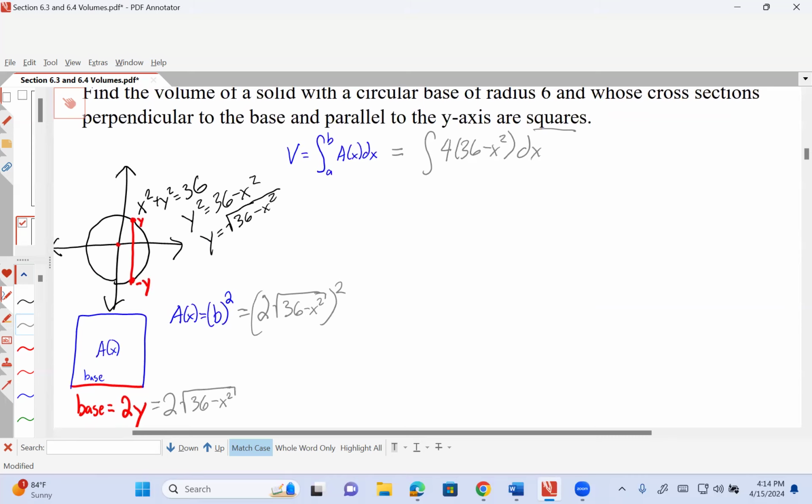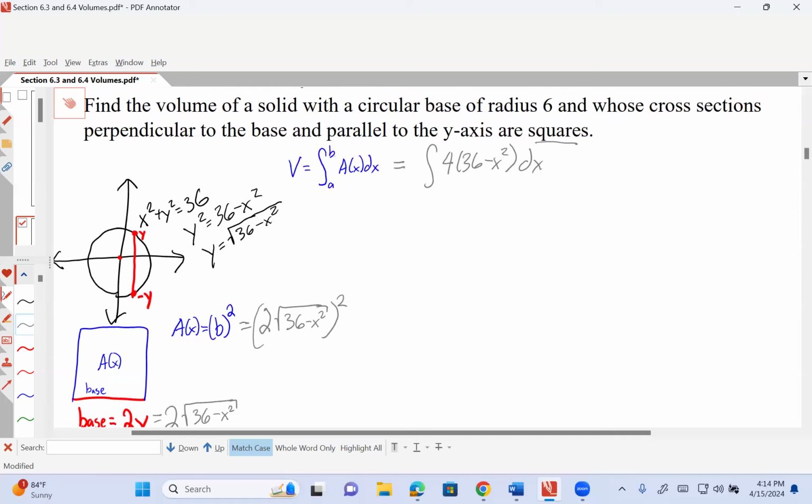What we don't have written quite yet is a to b, but our integral is in terms of x, so where is our circle in terms of x? Our circle goes from -6 to +6 because we have a radius of 6. So there's our integral we're going to solve. Working this out, we get 4 times (36x minus x cubed over 3) from -6 to 6.